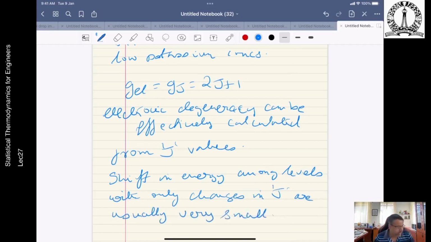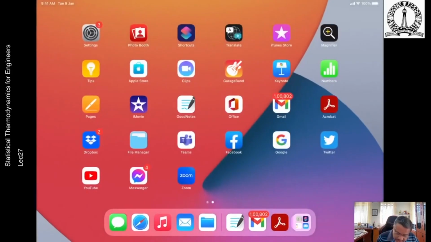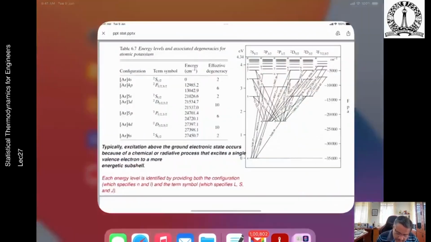This is also given in the table: for example, 2154.37 and 2153.7. So this variation in energy is very, very low when there are only changes in J. If you don't recall this, let's go back to the diagram.